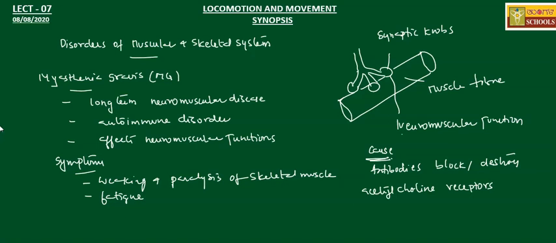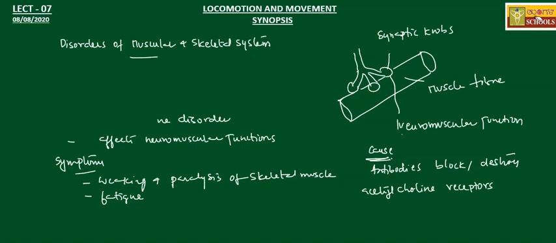The next one is muscular dystrophy. This is a progressive degeneration of skeletal muscle.